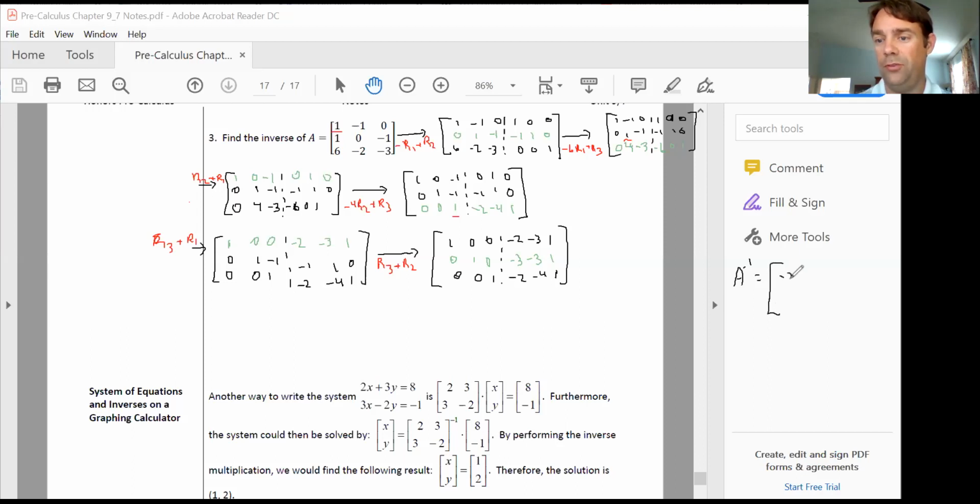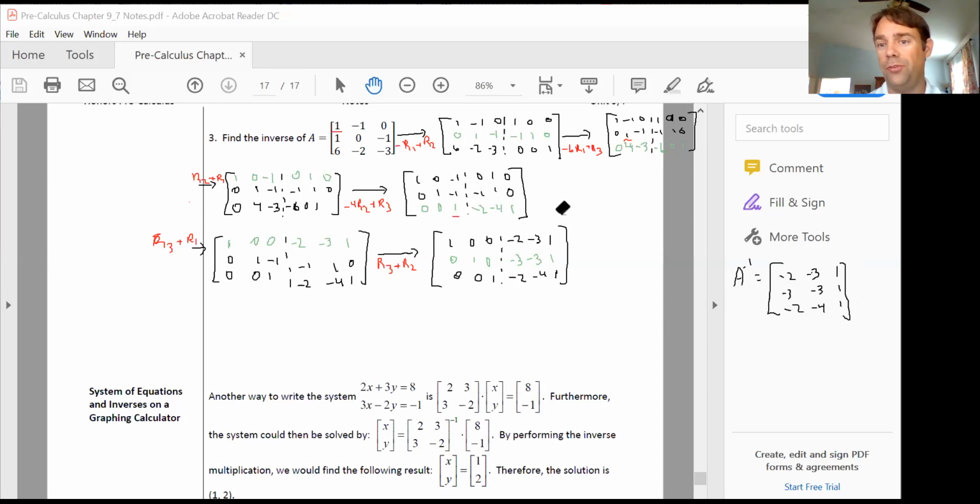I guess the question I have is, do you believe it? Do you believe that these are inverse matrices? Because if we can prove it, we can move on to the last thing, where we actually are going to use them. So I'm suggesting to you, friends, I believe that is the inverse matrix of that original matrix.